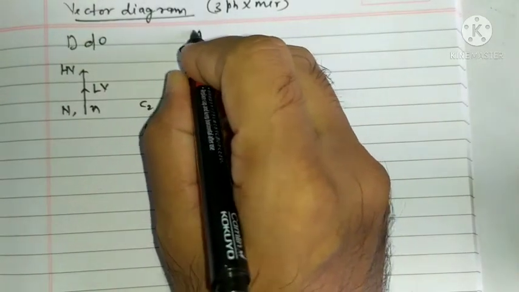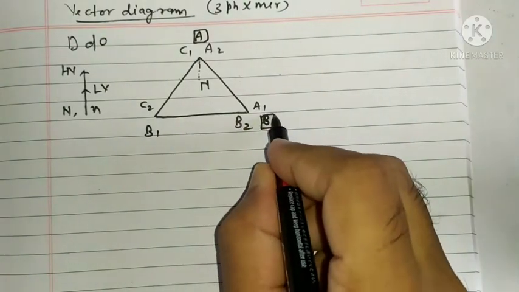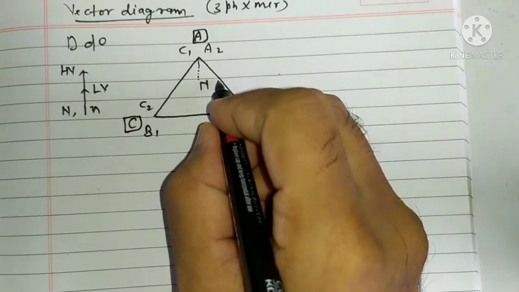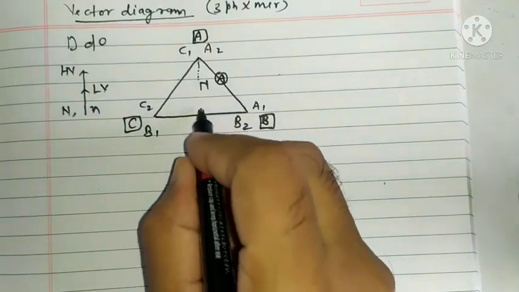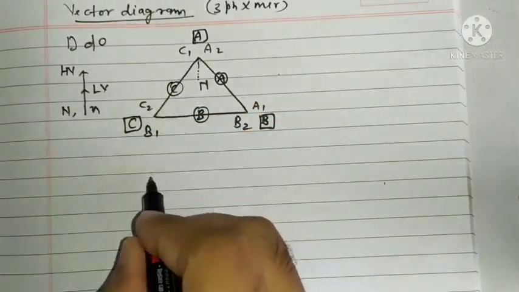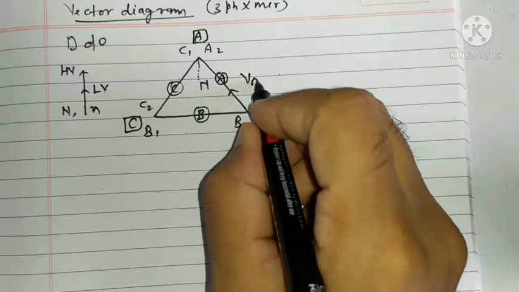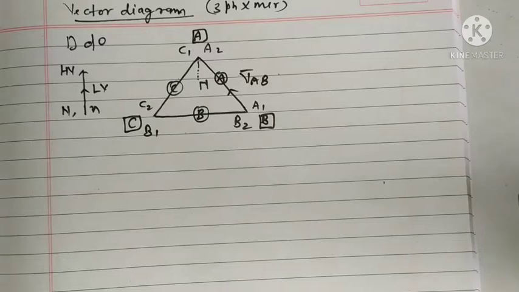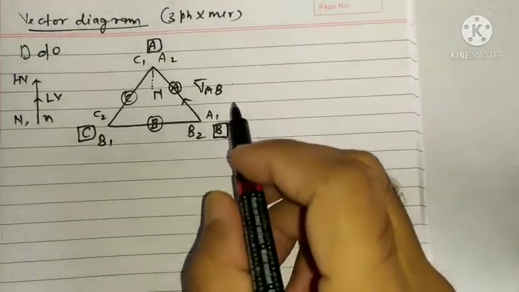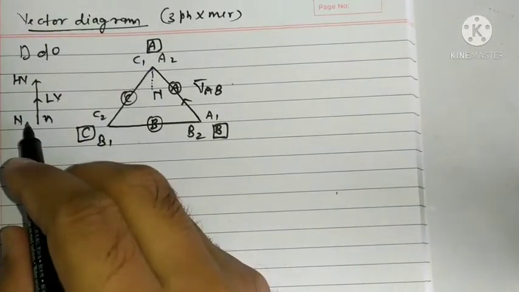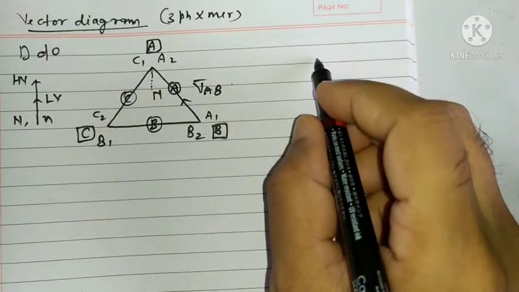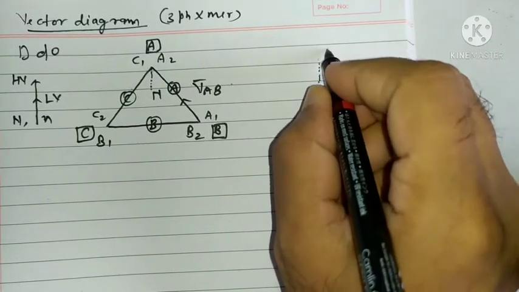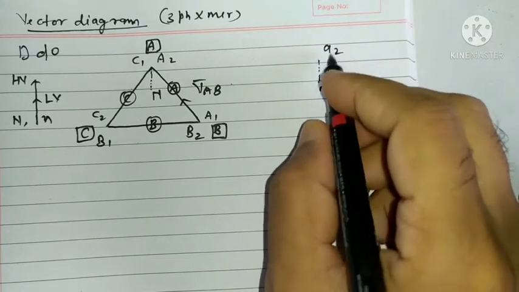This terminal will be named as A terminal, B terminal, and C terminal. This is A arm, B arm, and C arm, right? And VAB, that is line voltage in delta, will be this one. And LV side A to N is also vertical, and it will be drawn.